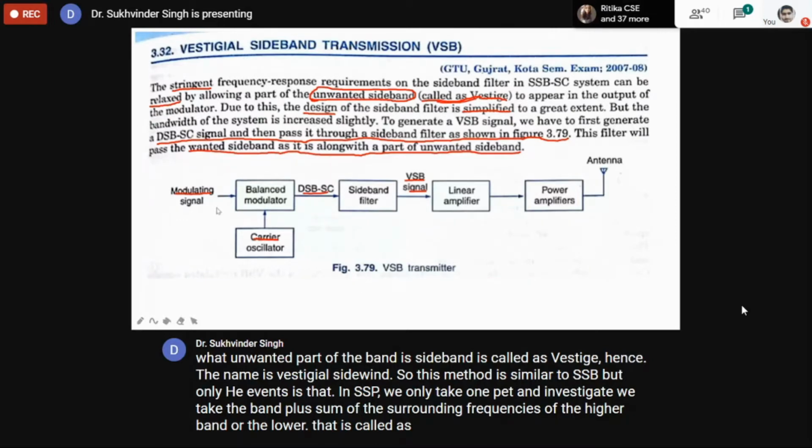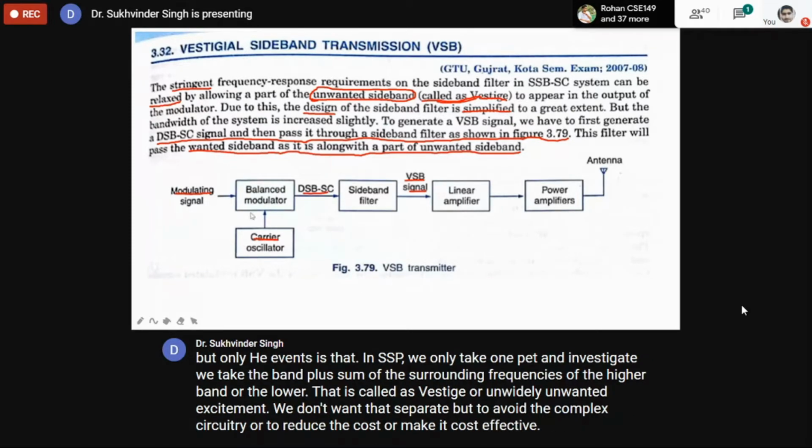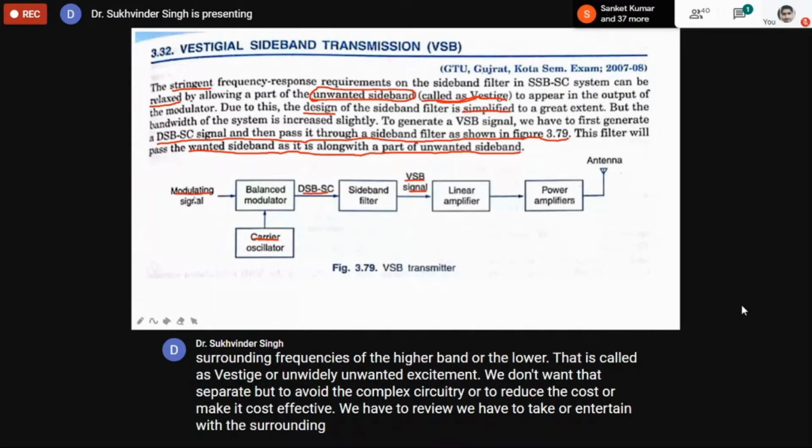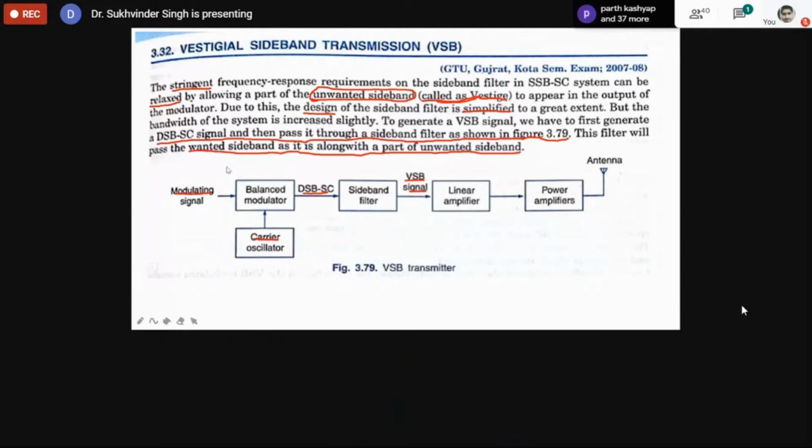Block diagram of the vestigial sideband transmitter. It involves a modulating signal, just like all the techniques, and the carrier; both should be there. The modulating signal is superimposed upon a carrier in the balanced modulator, and this balanced modulator will try to change the characteristic properties of the carrier. What are the characteristic properties?